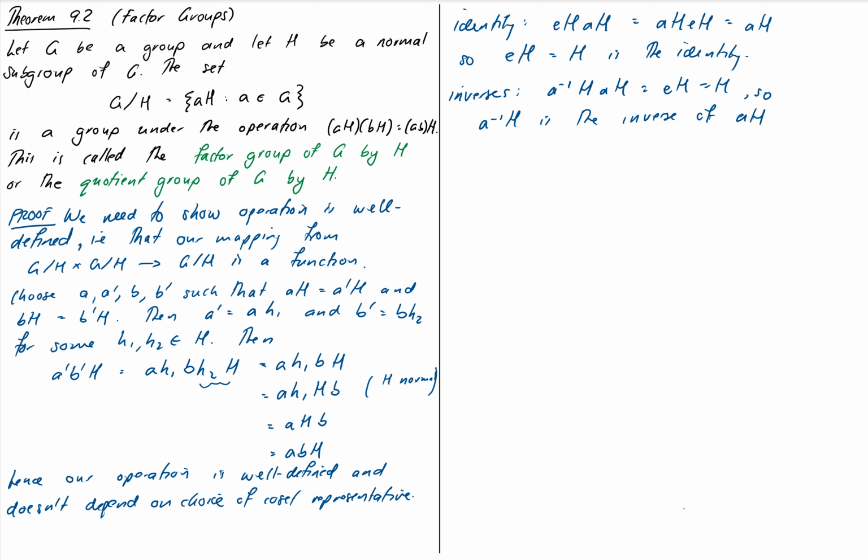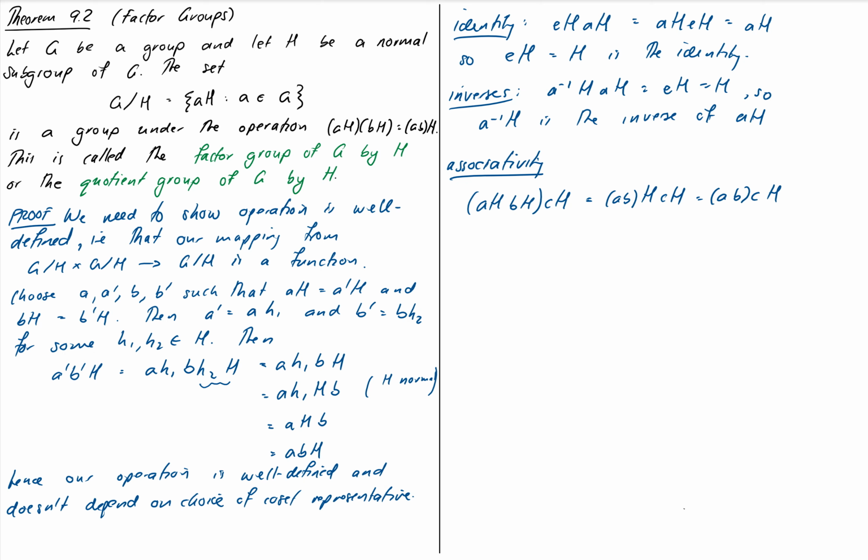And finally, associativity. Again, this one comes quite straightforwardly. AH times BH times CH is equal to ABH times CH, which equals ABCH.